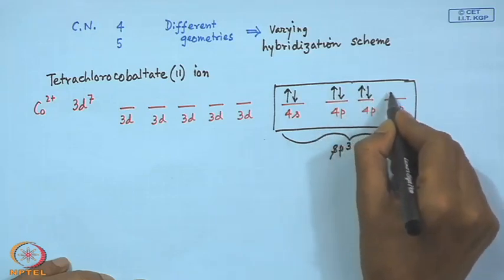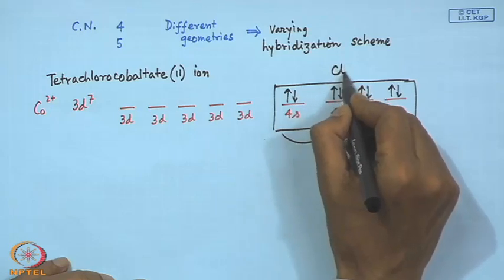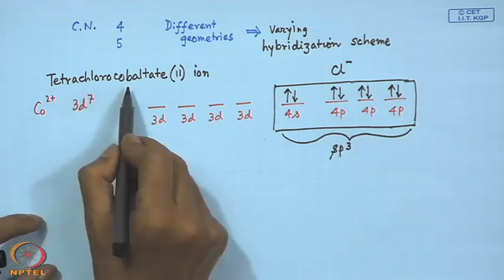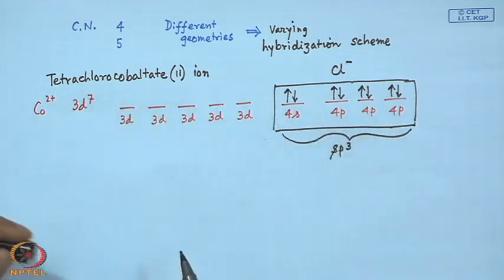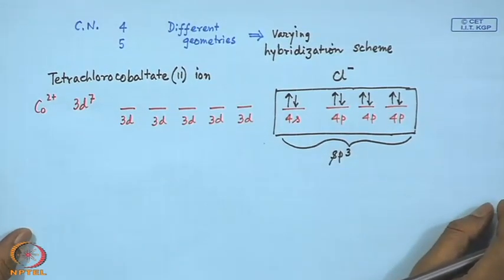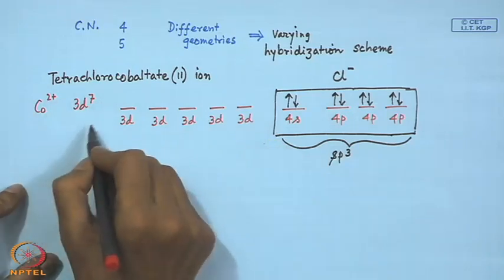So, initially they were vacant and they are coming from the Cl minus. So, 4 such Cl minus around the cobalt center are donated to these particular sp3 hybridized orbitals. So, the remaining 7 electrons which were originally present with the cobalt center will have the same free ion electronic configuration.